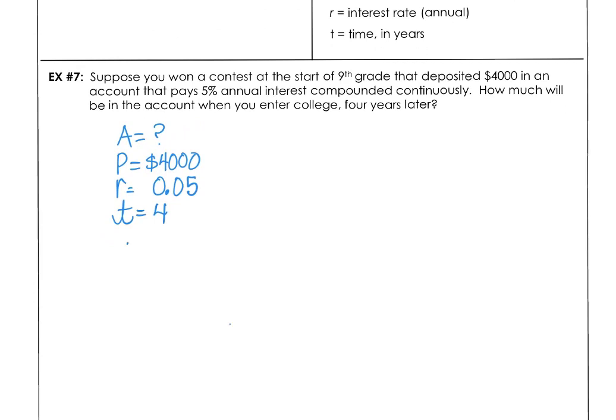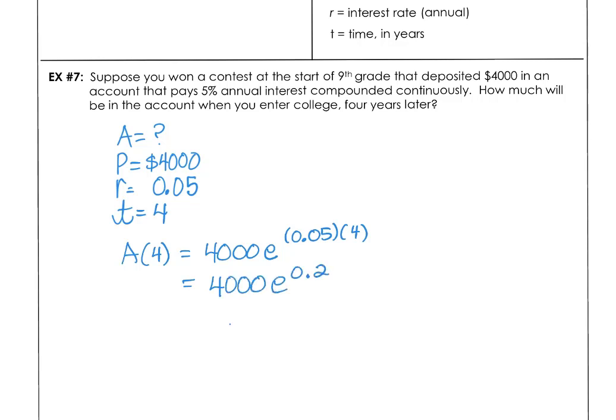So the amount in 4 years from your $4,000 investment, that's your P, E, R, and T. So you're going to calculate on your calculator 4,000 e to the 0.2 power, which turns out to be about $4,885.61.